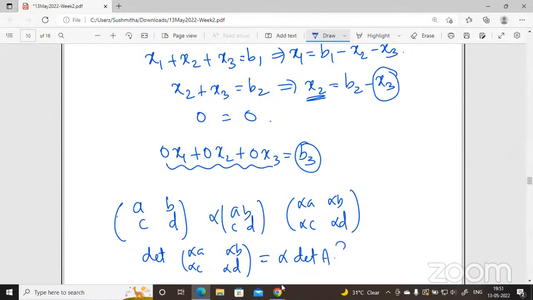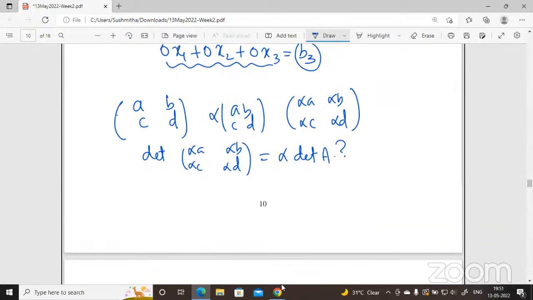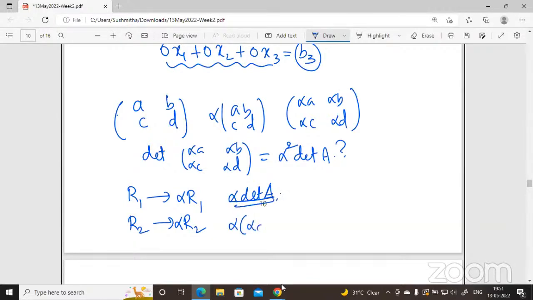It is alpha square, because when you replace one row with alpha times the row, the determinant gets multiplied by alpha. But you have multiplied both R1 and R2 with alpha. So here it's one alpha times the determinant of A, and then it will become alpha times alpha times the determinant of A.